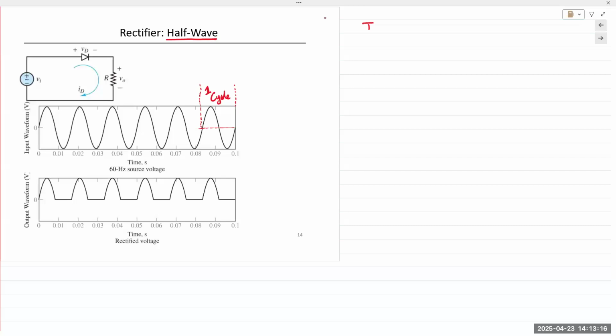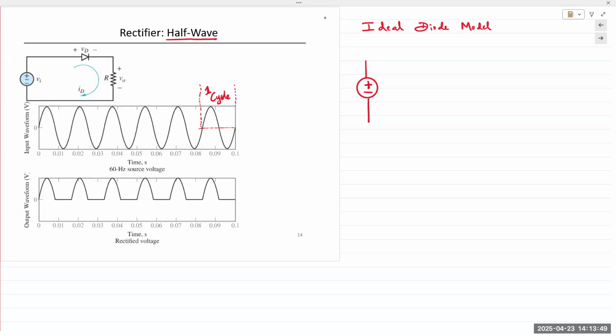So what we are going to do is use the ideal diode model to perform a quick analysis, right? So let's draw the circuit for the positive half cycle.